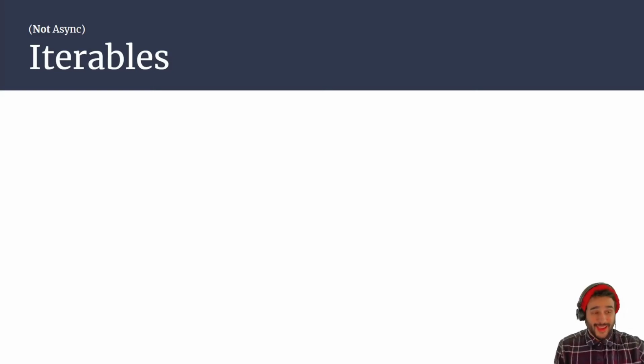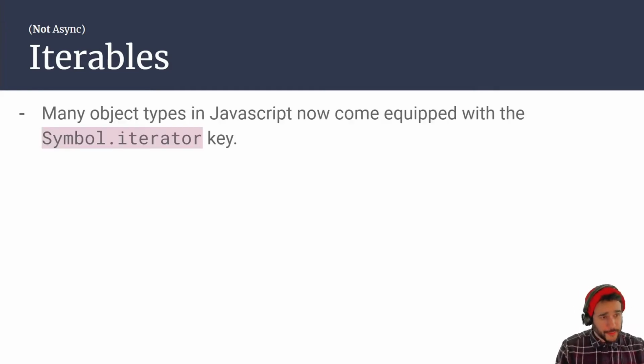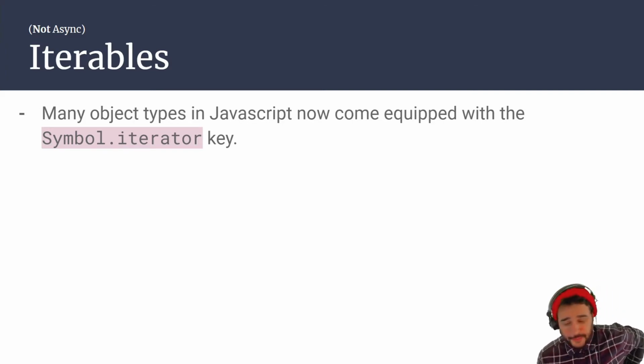Before we can talk about async iterables and for await of, we have to talk about normal iterables and the for of loop. Many object types, by which I mean things like strings, arrays, NodeList when you do DOM selection, or the arguments object when you call a function, now come equipped with a key on them that is the Symbol.iterator key.